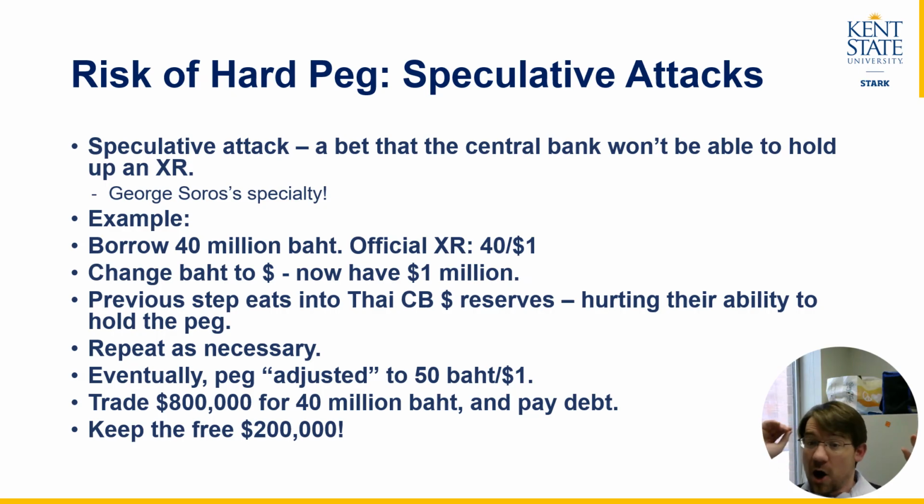If I took all of my $1 million, I get 50 million baht, so I can pay off my 40 million loan without a problem and have 10 million baht left over. Well, I don't want 10 million baht, so I can convert those back into dollars. That's $200,000. So this would be another way to think of it. The point being that when you do this, if you are successful, you can make a lot of money having invested basically nothing. Because remember, it all started with a loan. As long as you can find somebody to lend to you, then you're good to go.